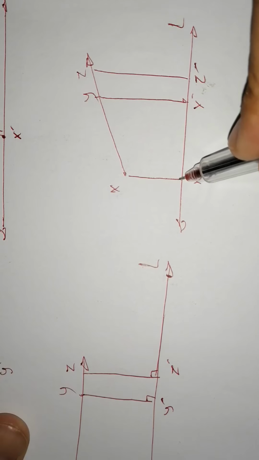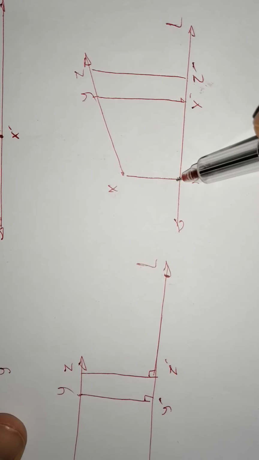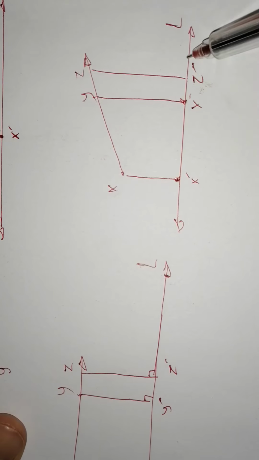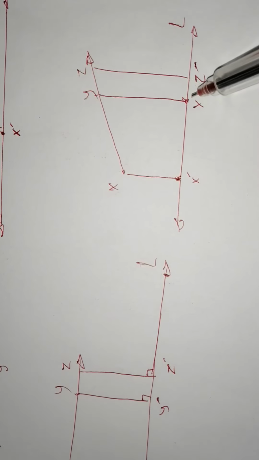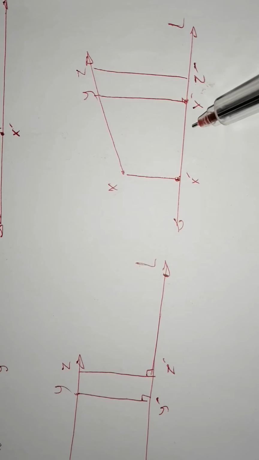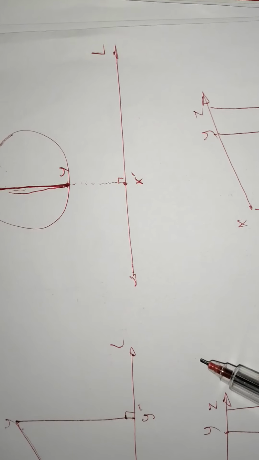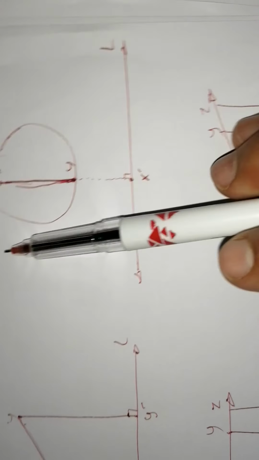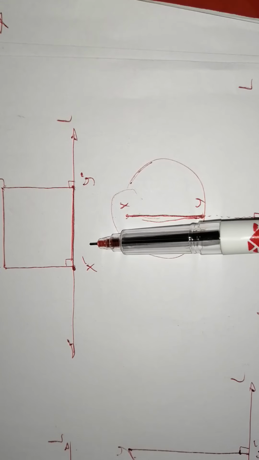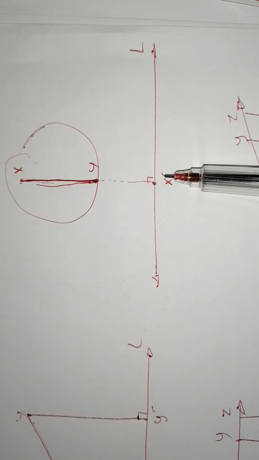It gives me also a ray from X dash to Y dash, which is named ray X dash, Y dash. So the projection of a ray over a straight line is a ray, but the projection of a line segment over a straight line can be a line segment or can be a point like this position.